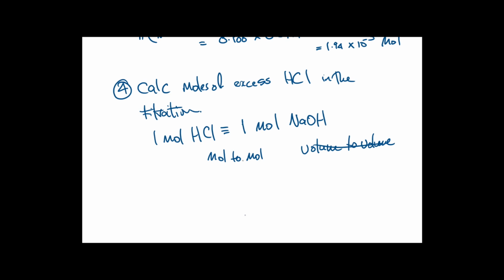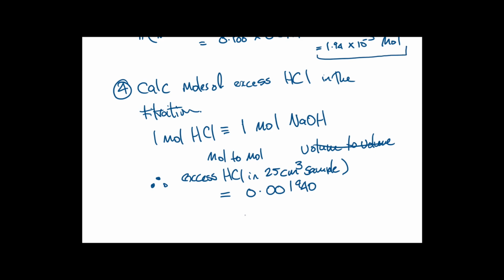Now what do you do? So they told us, therefore, that the excess hydrochloric acid in the 25 centimeter cube sample is equal to 0.001940, because it's the same as the moles of sodium hydroxide that we worked out right there.